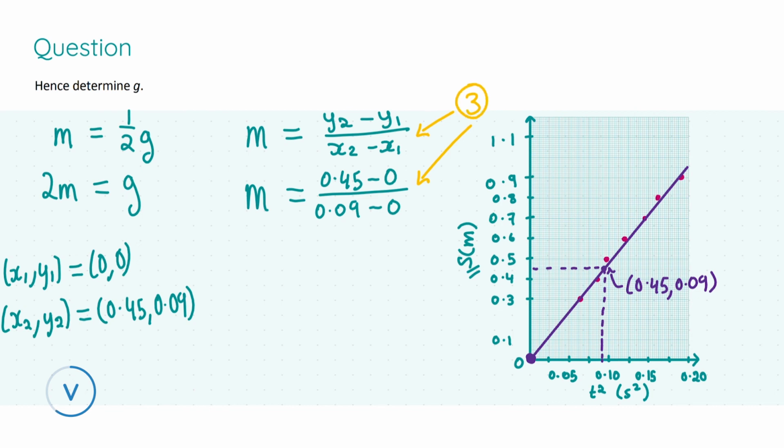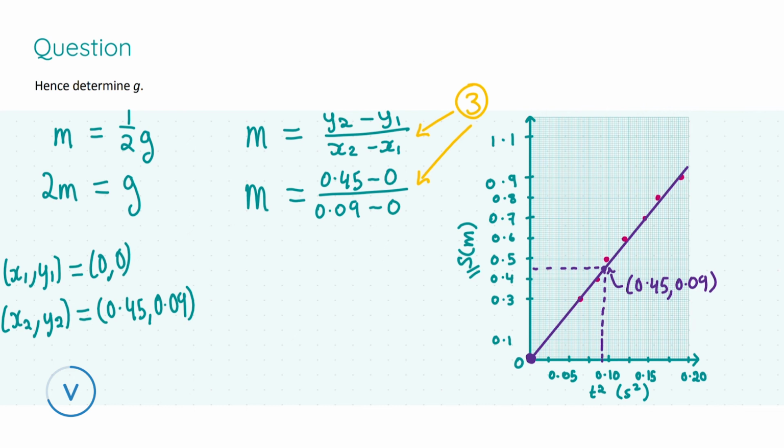Getting 3 marks for just jotting down a formula, which you can copy from the formula and tables book, you don't even need to learn it off by heart, is very good. So that, again, solidifies the point that you should always, always, always put down any formula you use or think is relevant in a physics question.